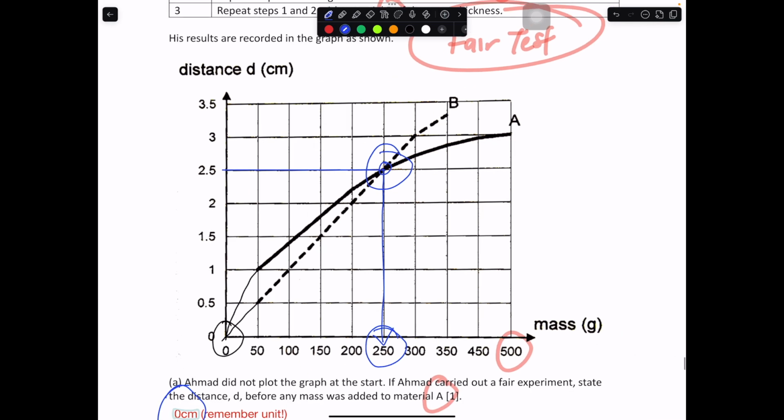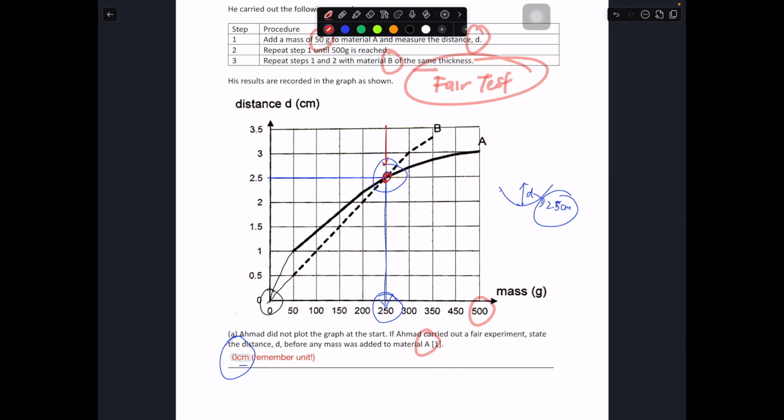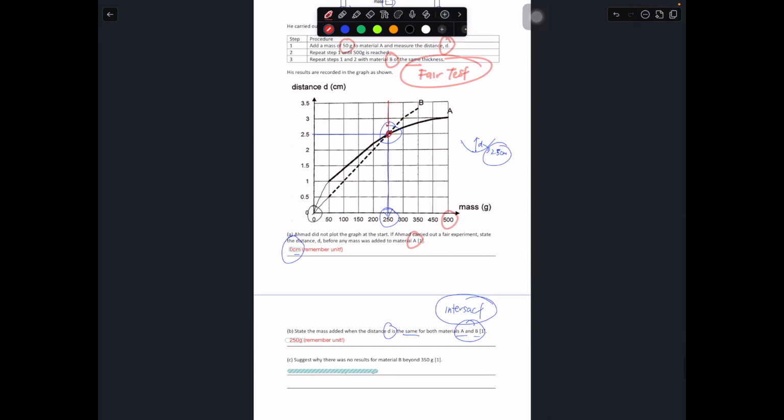That means when you hang 250 grams, A and B have the same distance D, 2.5 cm. This is what they're asking you to read, where they meet each other. So this should be 250 grams.